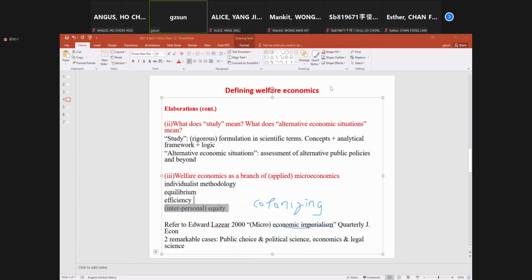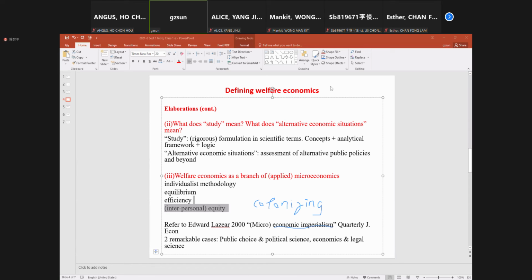But in terms of sciences, physicists, 物理学家, they did the same thing to many other disciplines. The physics imperialism, they have a good reputation. But in social sciences, economics is probably the most scientific discipline.